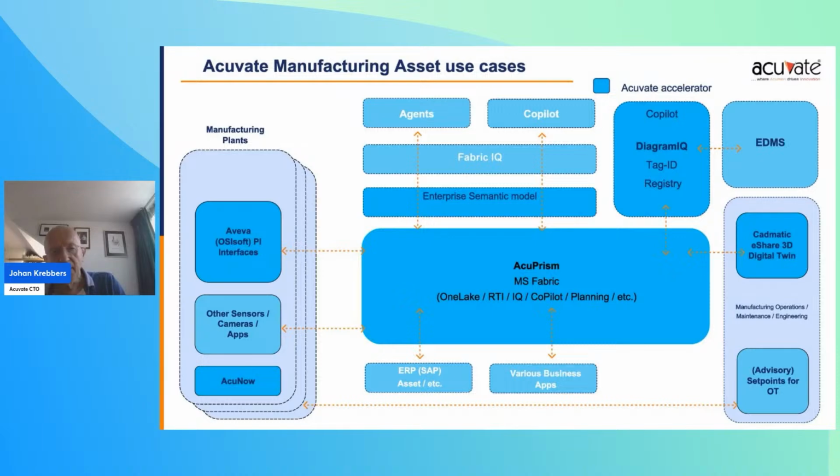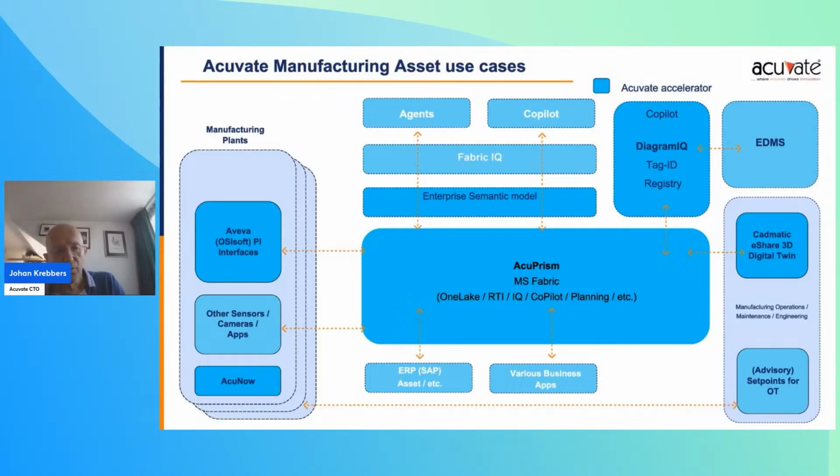You keep in Diagram IQ all your tech information, and you have all the content information in Acuprism. You can make it visible in an integrated way with your digital twin, and you can ask any type of question about the operations of your asset management environment via the ontology layer.